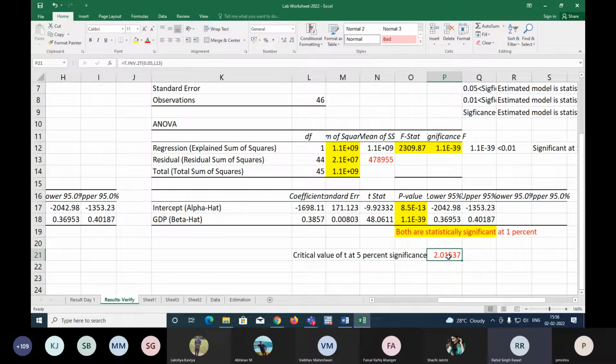So here, simply what you need to do is compare these t values with respect to this critical value and see if the absolute value of this t statistic is greater than this critical value.